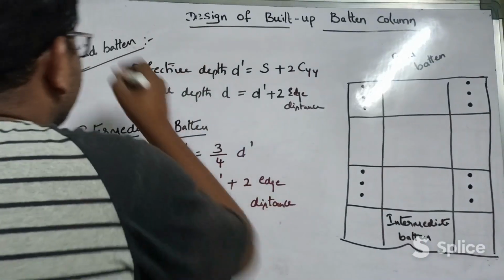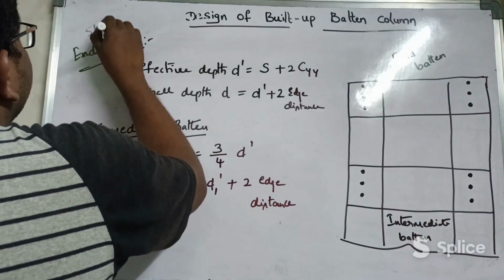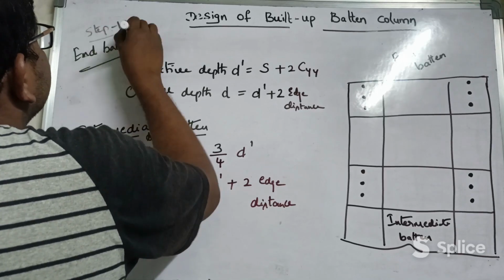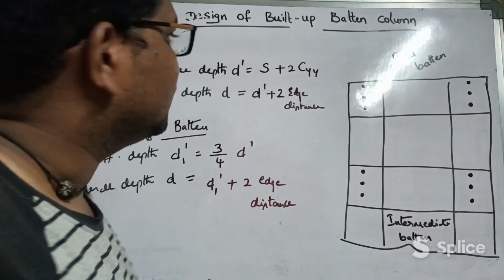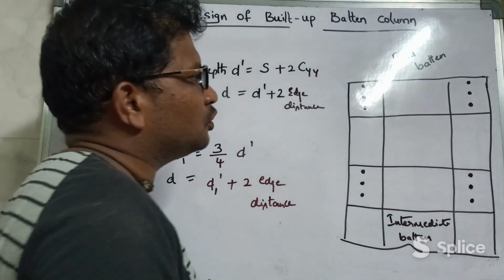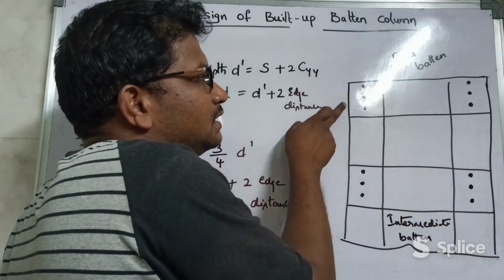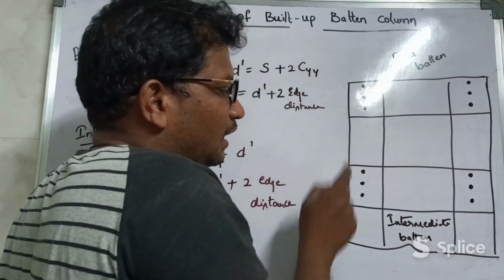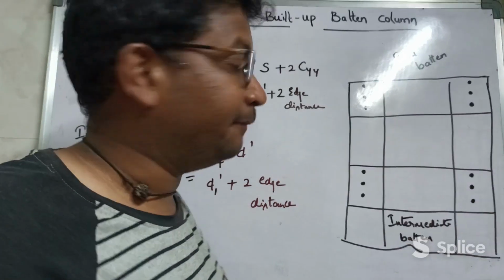Okay. Step number 10. Cross section of the batten. See in this figure, suppose I am assuming this is the end batten and this is the intermediate batten.